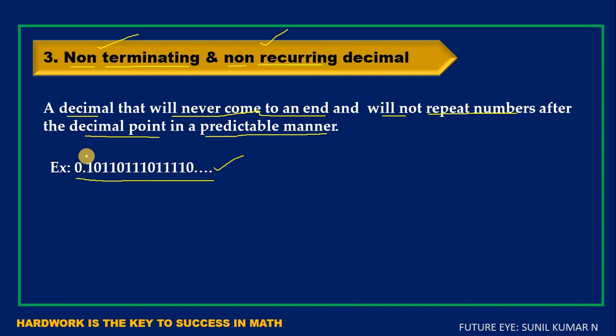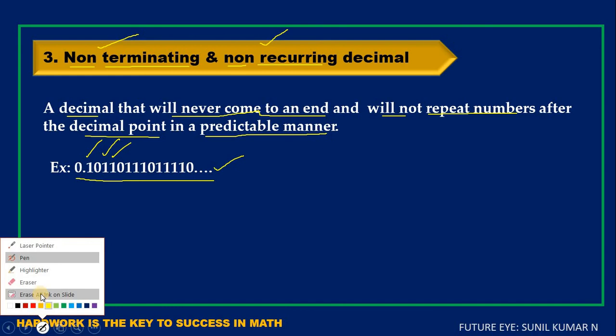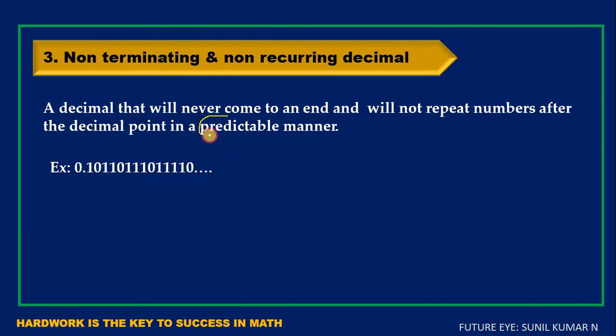And students will ask, sir, here one is repeated and here also repeated, here also, then why are we calling it a non-recurring decimal? See, children, here I have used the word in a predictable manner. It means one has to repeat continuously. Between the ones, another digit should not come.